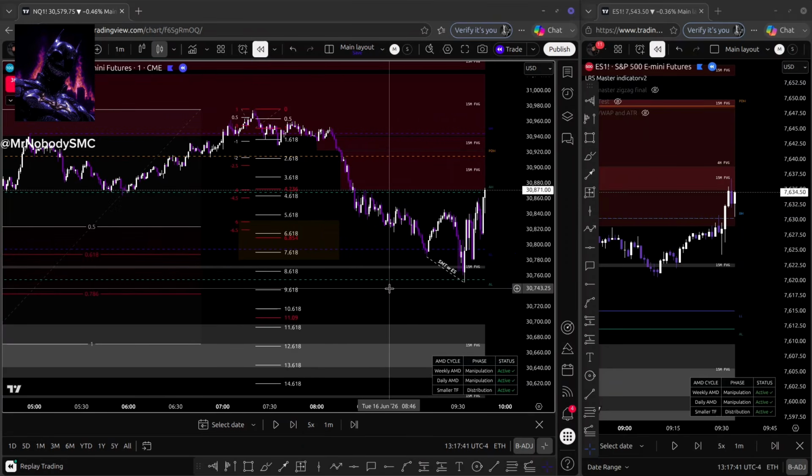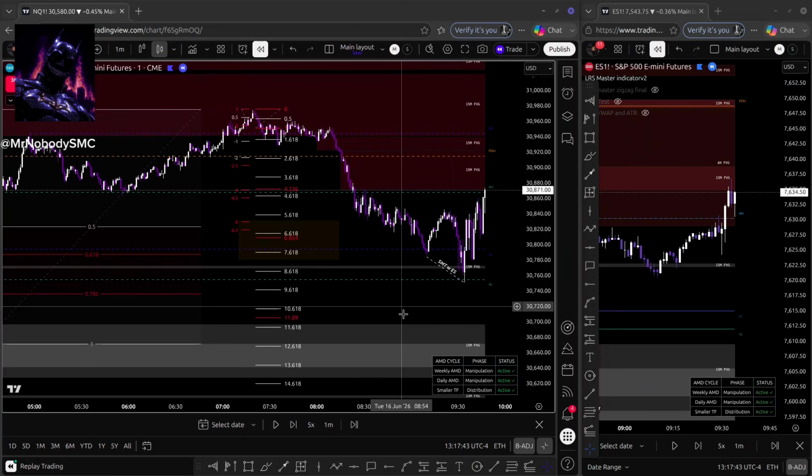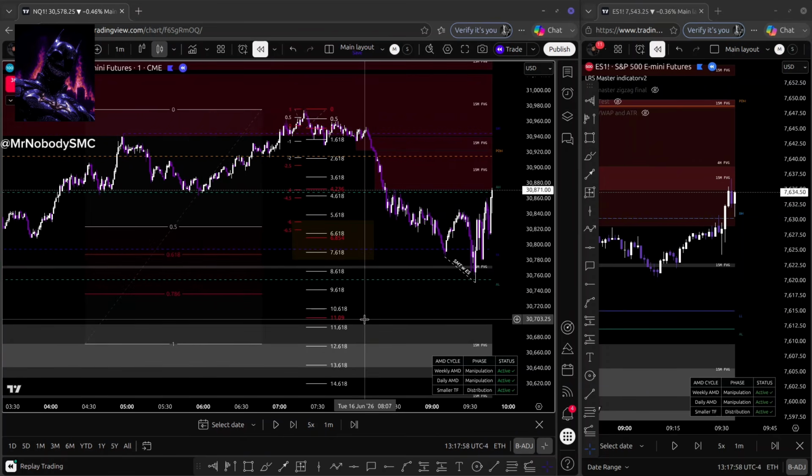What am I looking at? Liquidity, inefficiencies, fair value gaps, they're both the same thing, okay? Liquidity or fair value gaps are liquidity. So key levels and fair value gaps fall under the same category, liquidity. So realistically, all I'm looking at is three things: standard deviations, fib extensions, and equilibrium.